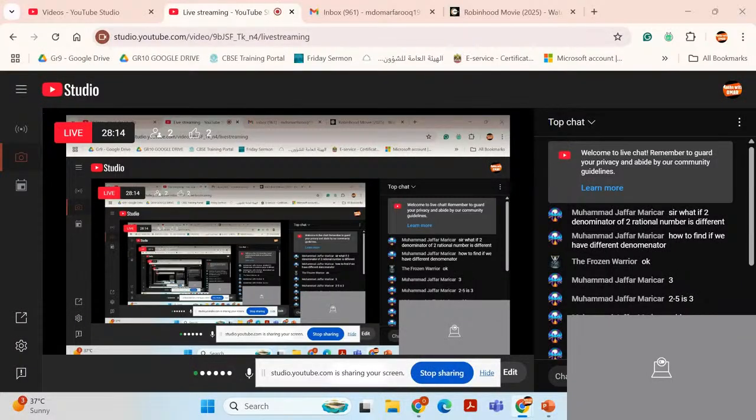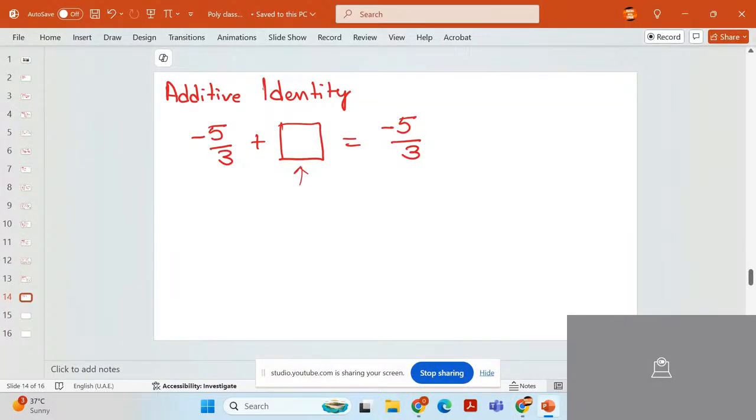What should be added to a number to get the same? 0. Very good. So 0 is called the additive identity.